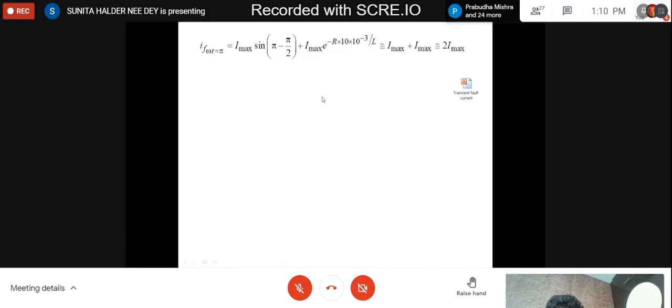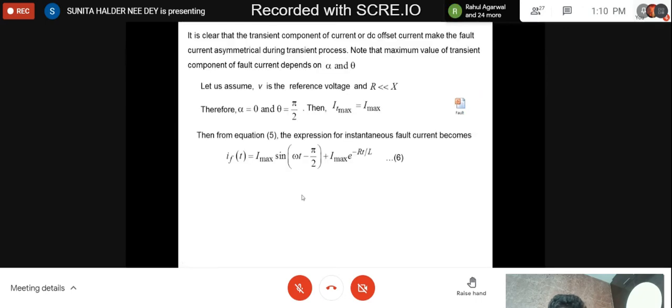Then if omega t equal to 0, what will happen? At t equal to 0, obviously the value of this sinusoidal component will be minus Imax. Is it clear to you or not?